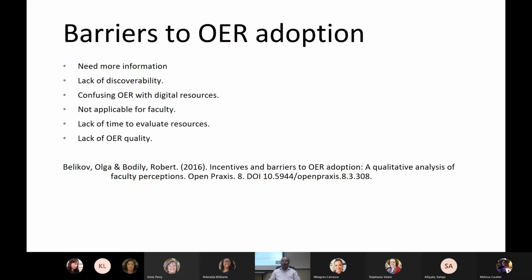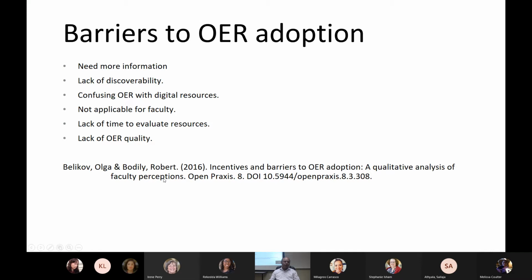Even though OER is very easy to adapt, in the implementation phase, sometimes faculty encounter some barriers to OER adaptation. I actually found a very good article, published in 2016, Incentives and Barriers to OER Adaptation: A Qualitative Analysis of Faculty Perceptions.